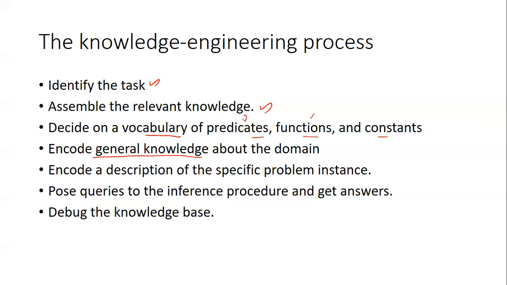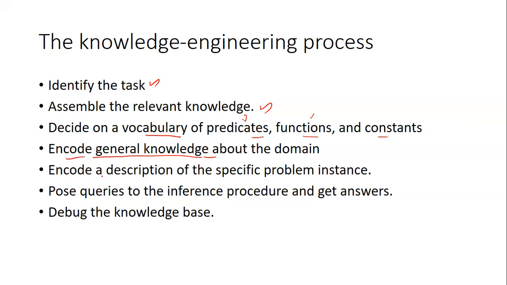That is general information. But a particular room, say 2,2, contains a pit. That is specific information. So this step 4 talks only about general knowledge. Whatever the general knowledge is, that should be encoded into the knowledge base.